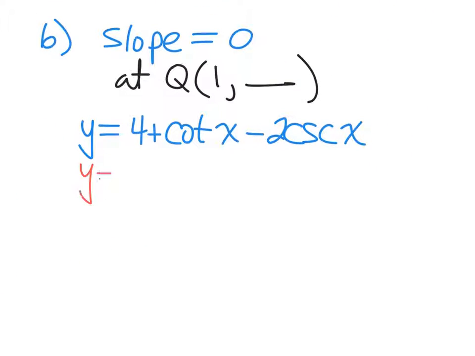So we're looking at y equals 4 plus cotangent of 1 minus 2 times cosecant of 1. The x values are equal to 1. Now these are radian measures.